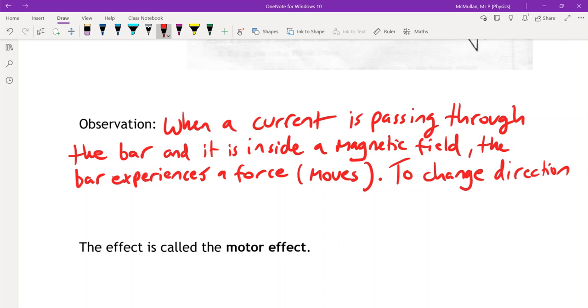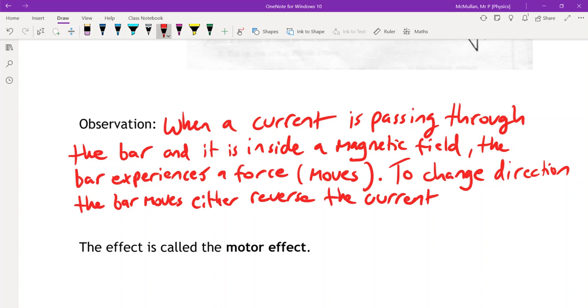So to change the direction the bar moves, either reverse the current, or there's something else we could do with the magnets. Swap them around, correct, well done. So to change the direction the bar moves, either reverse the current or the direction of the magnetic field.